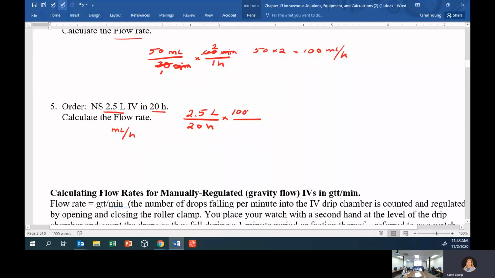I have 1,000 milliliters per 1 liter. Now, since it's already in hours, do I have to have a time conversion, or is that it? That's it. Okay. So my liters cancel, leaves me in milliliters per hour. So y'all tell me what my rate is.